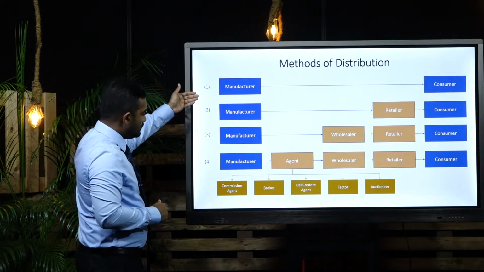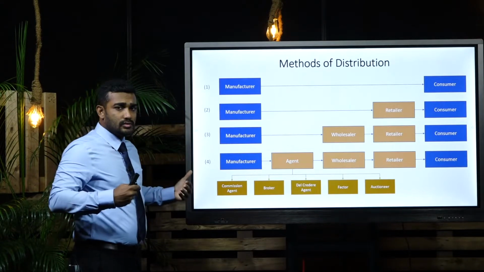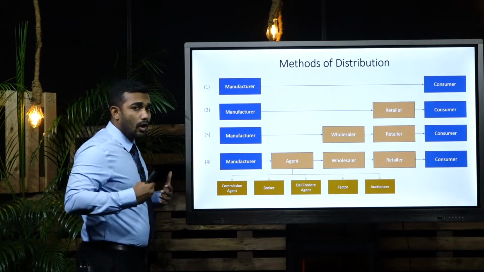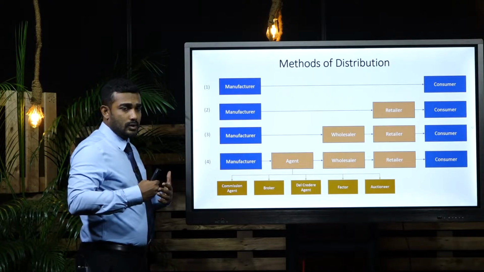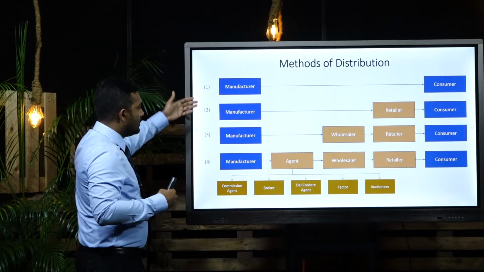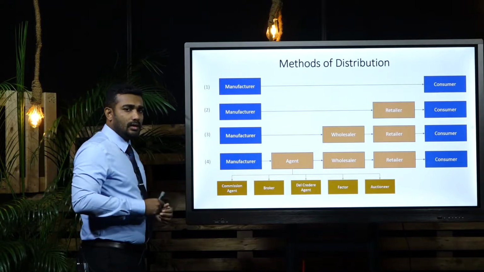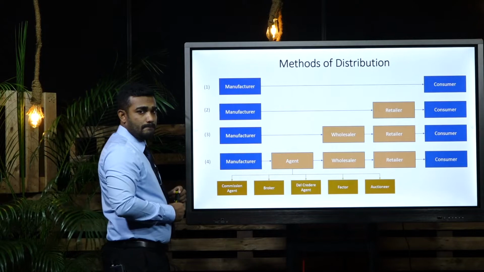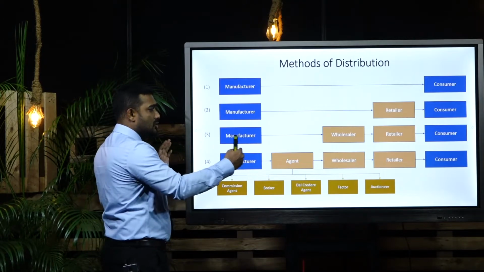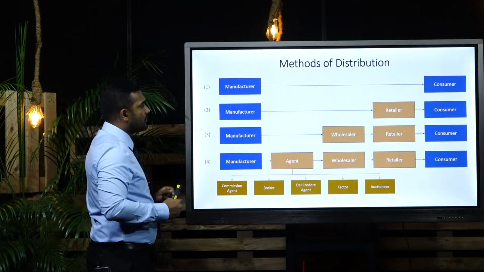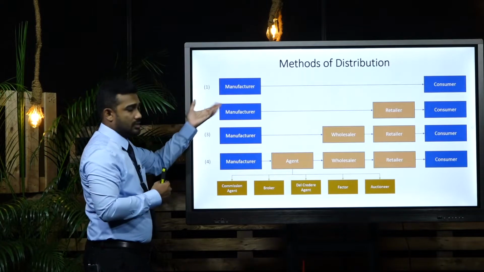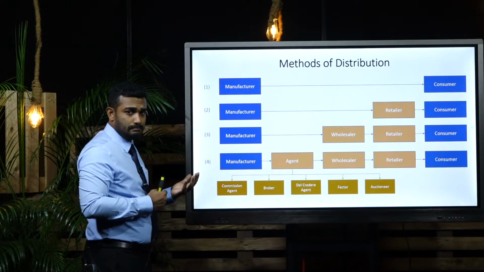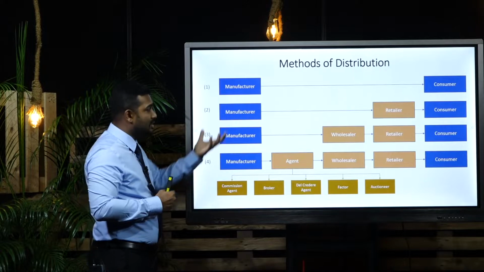Now, let's look at what are the ways if there is a product involved. These are the typical ways of distribution. So, what is distribution? Distribution is where, on one end you have the manufacturer, or let us say seller, or let us say owner of the good.